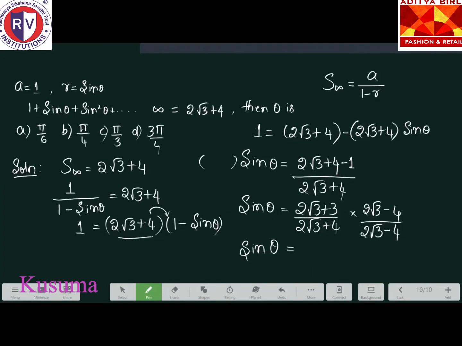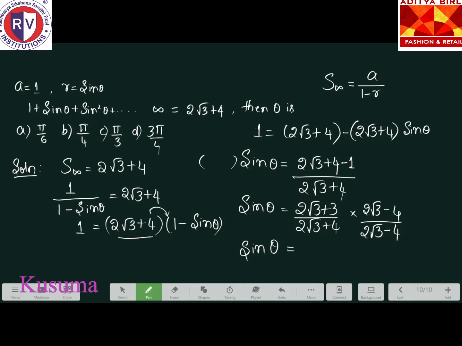So in the numerator, it will be of the form a plus b into a minus b. That is a square minus b square. And denominator, you have to multiply the terms. So sorry, in the denominator, it is a square minus b square.